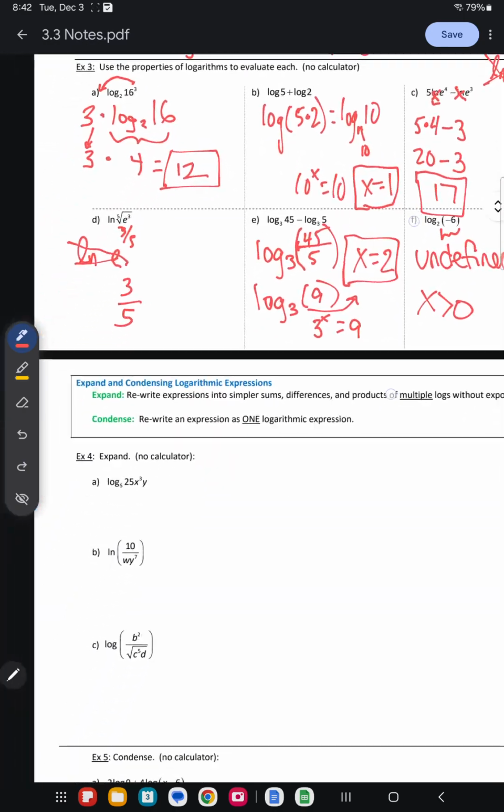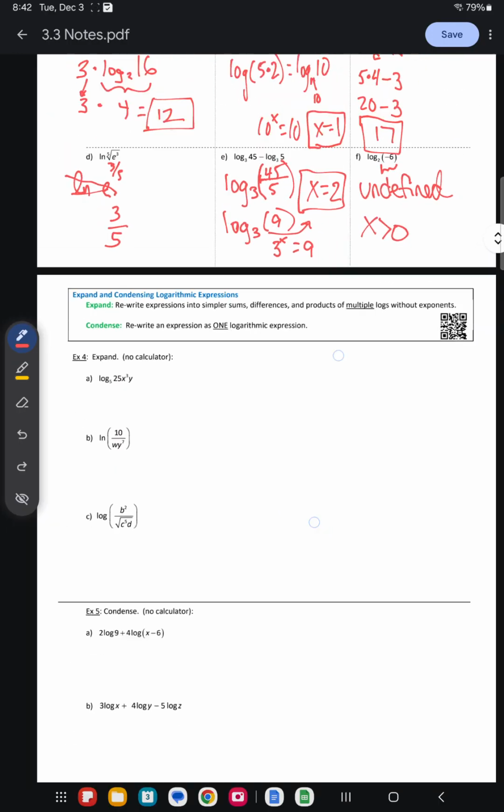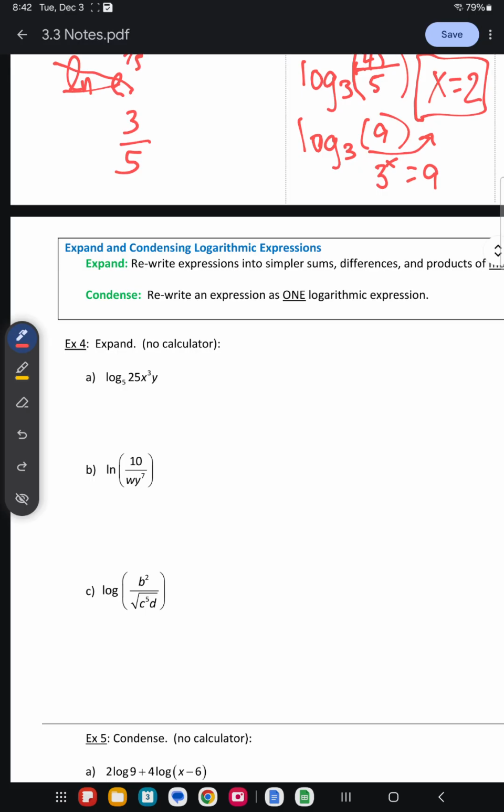Okay. All right. So now what we're going to do is work on expanding these expressions by using our properties. So if we look here in example 4a, we have a 25, an x cubed, and a y, and they're all being multiplied together. So what we want to do in this case is we're going to end up having 3 things that get added together.